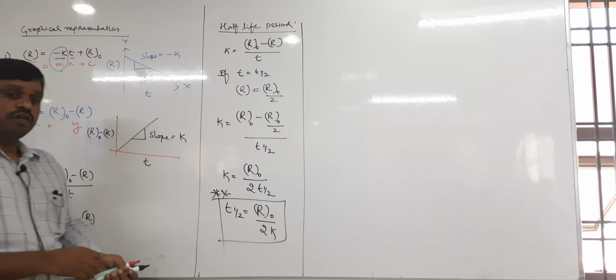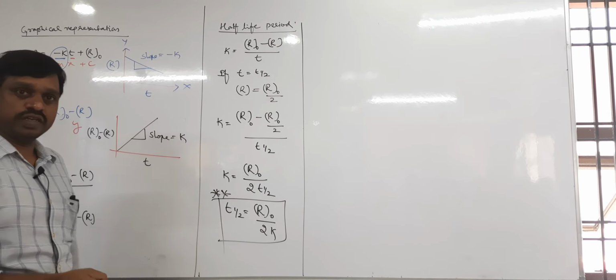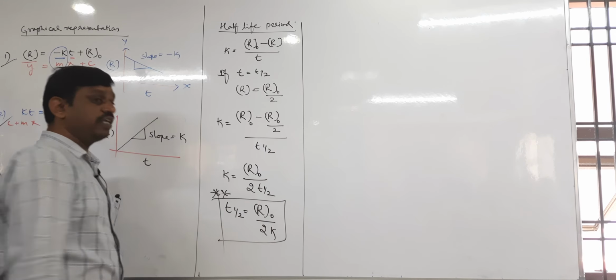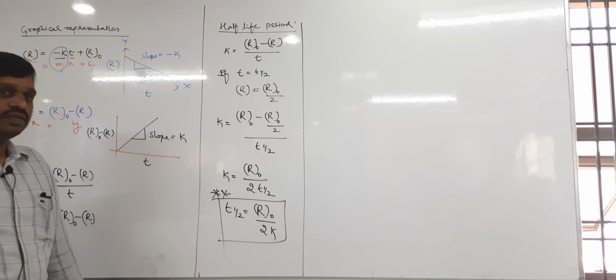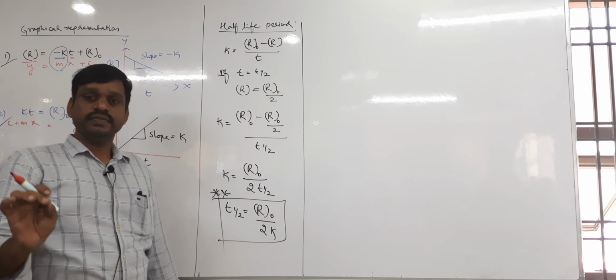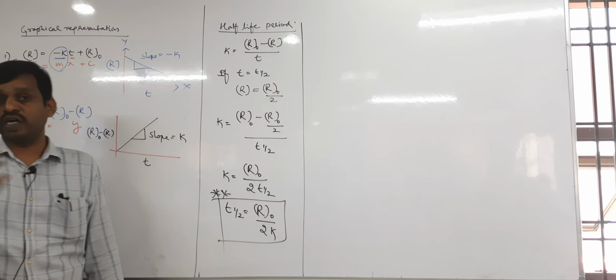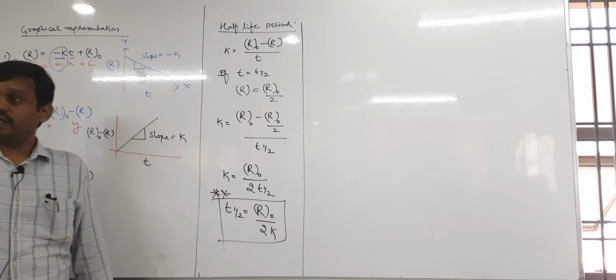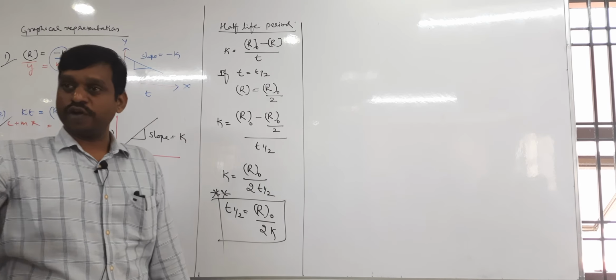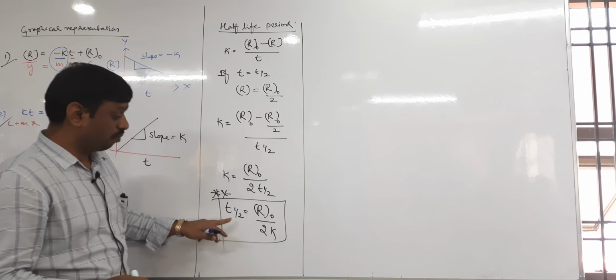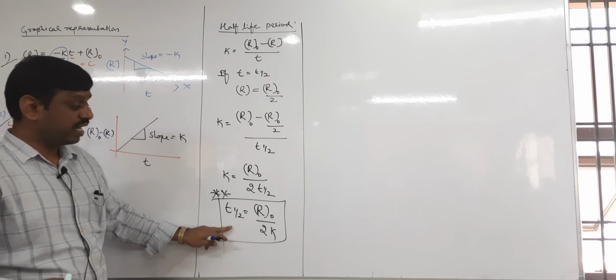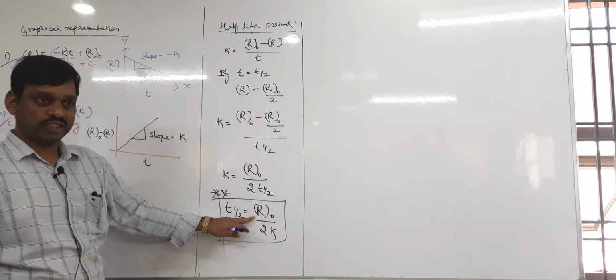Now tell me, for zero order reaction, what is the relation between T half and initial concentration? See, don't confuse. For zero order reaction, rate is independent of concentration. That's all right. Rate is independent of concentration of reactant, but T half is directly proportional to initial concentration.